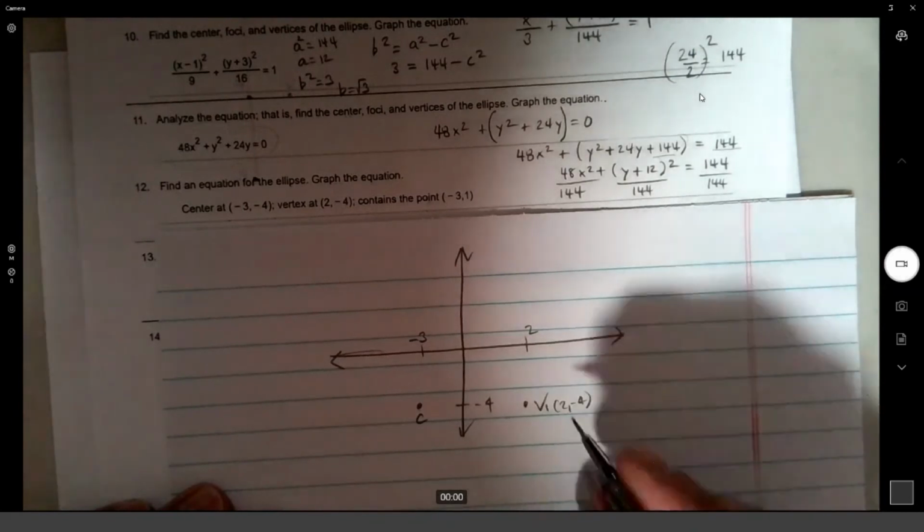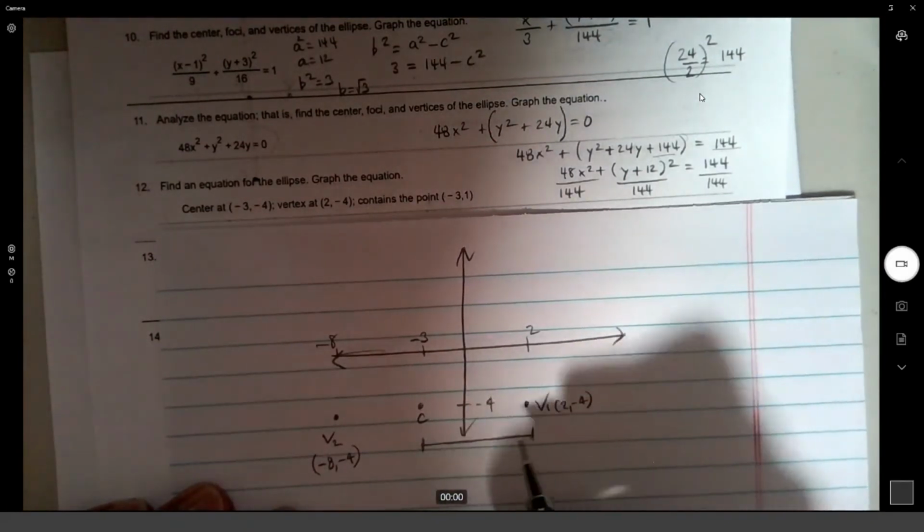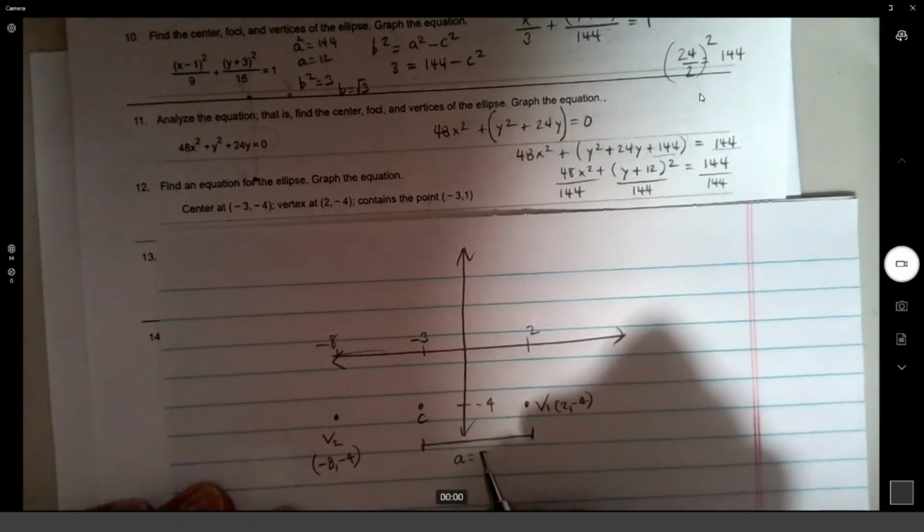With that being said, I can find the other vertex. This distance from here to here is 5, so 5 units this way, that's -8, which is at -8, -4.